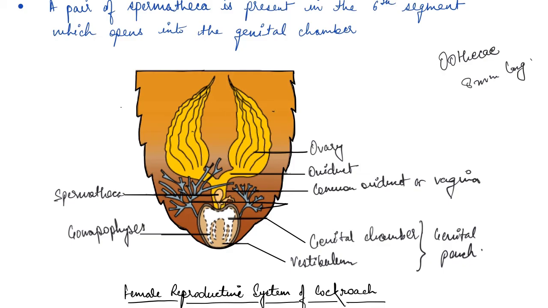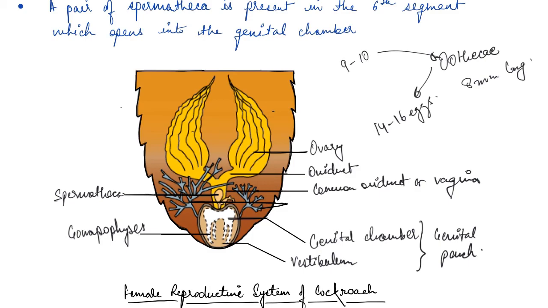This can be a humid area where you have a food source as well, maybe a crack or a crevice. On an average, a female produces 9 to 10 oothecae, and each contains 14 to 16 eggs, right?